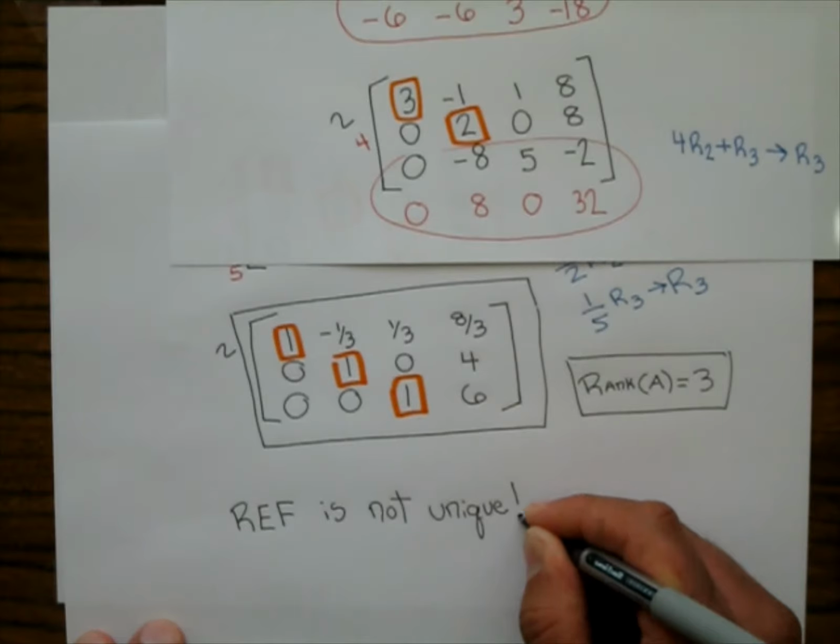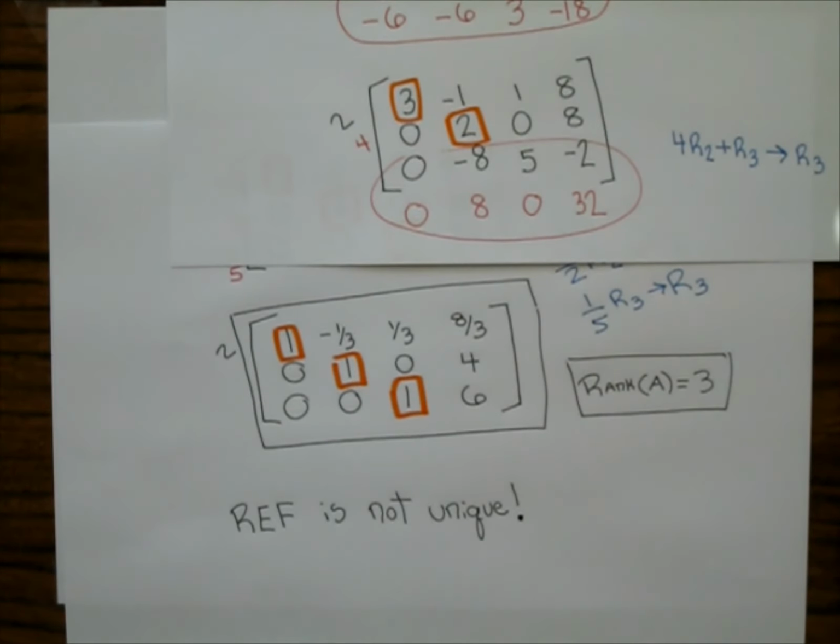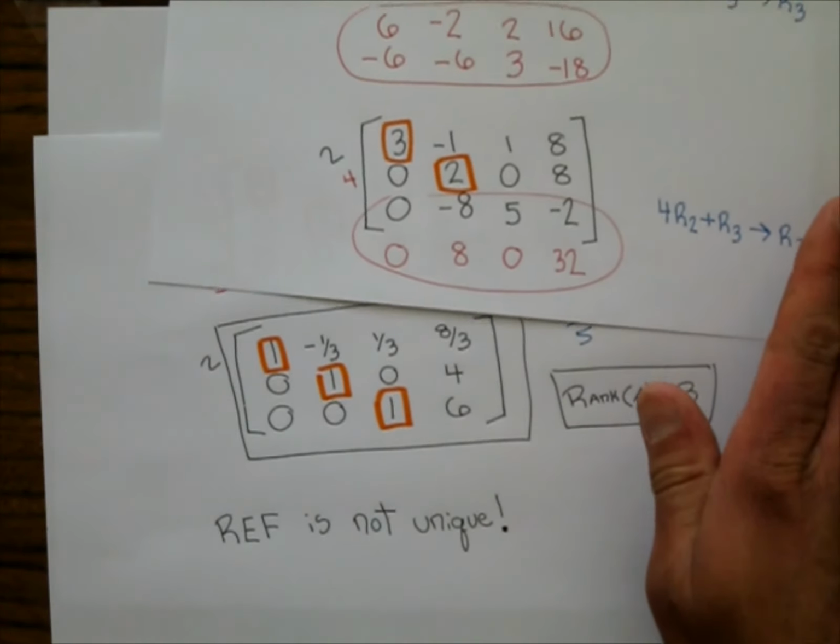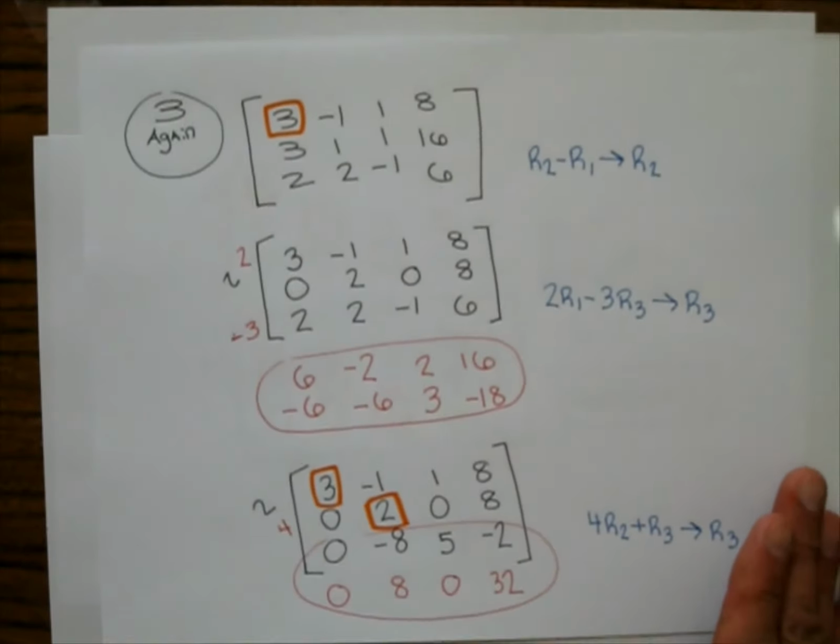And we'll address what to do when you're doing your homework and you get an answer that does not match the answer in the back. Did you do it wrong, or did you just get one that was different than the way the book people did it? Okay, well, that is a little disturbing that REF is not unique.